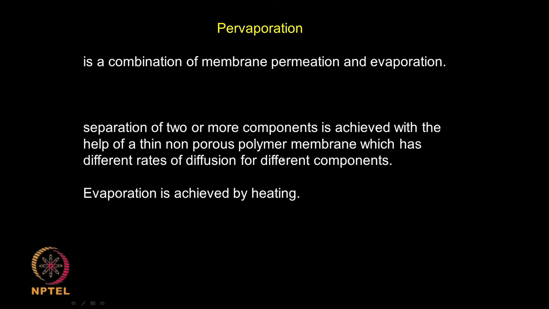You have to remember this, in pervaporation the material is not porous, unlike microfiltration or ultrafiltration where the material is porous. Depending upon the rates of diffusion of the solutes through the membrane material, the separation can be achieved. Evaporation of the solution is achieved by a little bit of heating and applying a vacuum.